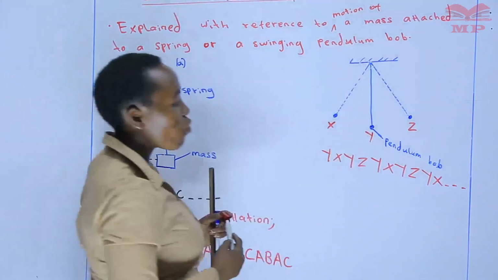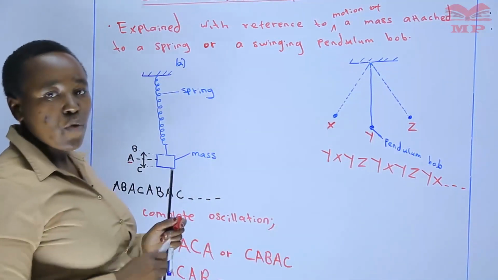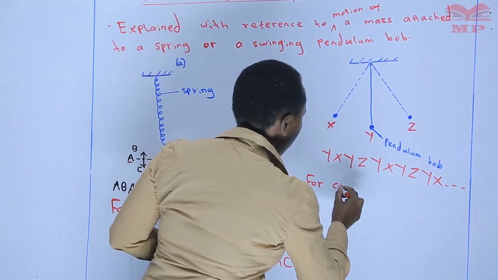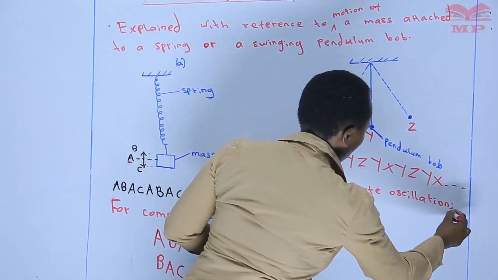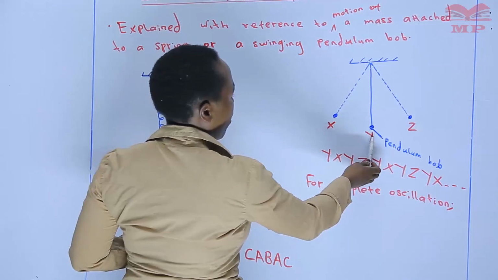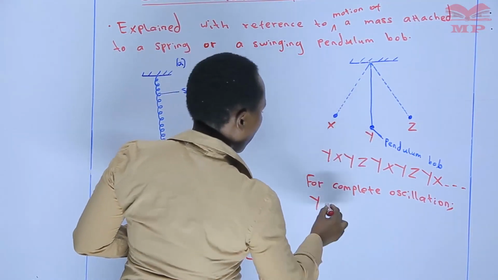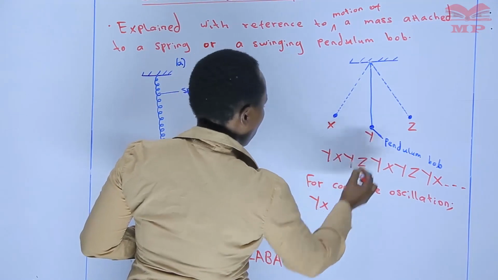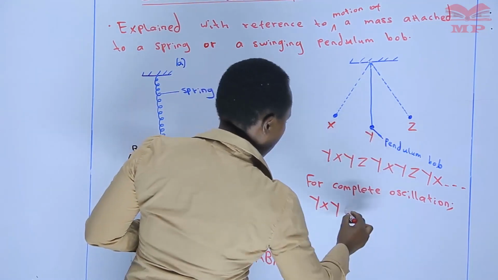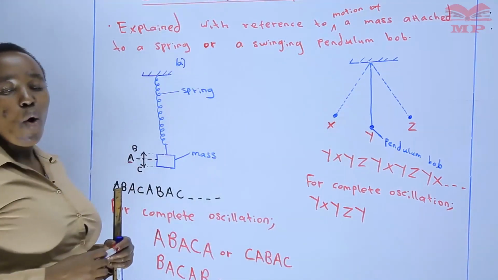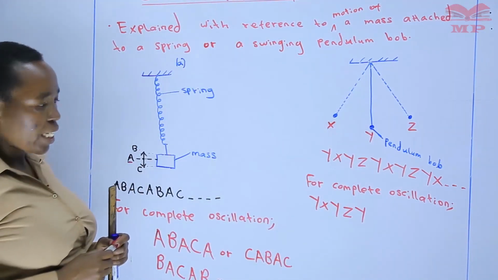So that's how the movement is going to be. So for one complete oscillation, we are going to have the following. If it is moving from Y, we move to X, then through Y to Z, and then back to Y. So that is a complete oscillation.